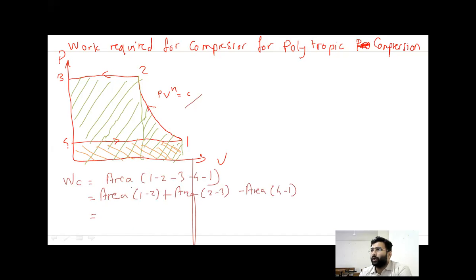The area under 1 to 2, polytropic compression, is given by (P1 V1 minus P2 V2) divided by (n minus 1). The area under 2 to 3 is simply P2 V2, and minus the area under 4 to 1 is P1 V1. Write down: here it is P2 V2 minus P1 V1.